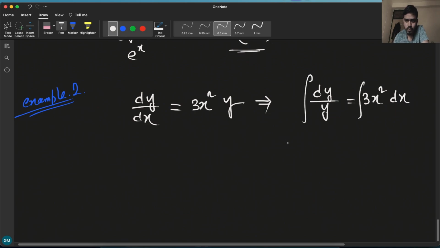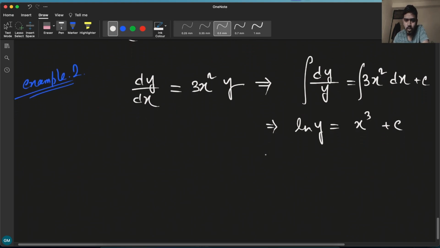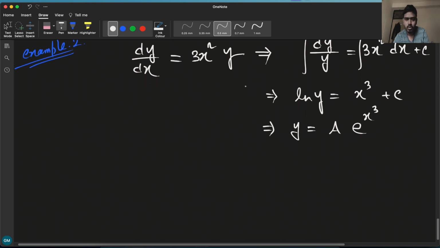There will be an integration constant c. So what we will get is ln y equals x cubed plus c, or y equals some a times e to the power x cubed. This is the analytical solution.